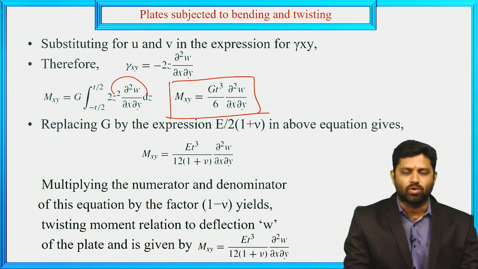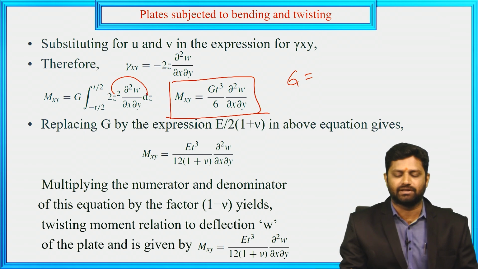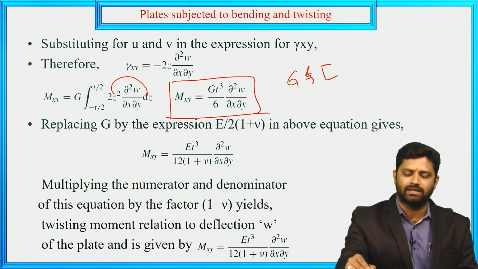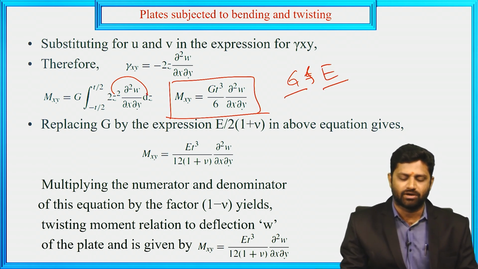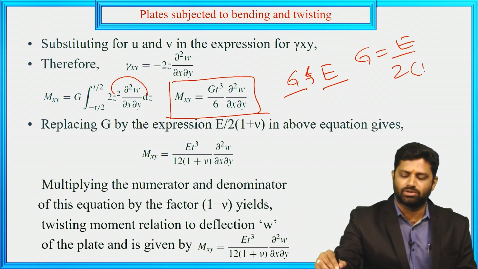Okay, now also we know that G is the shear modulus, and there is a relationship between capital G and capital E, which is nothing but the modulus of rigidity and Young's modulus, and that we are going to substitute here. That is G equals E divided by 2 into (1 plus ν).